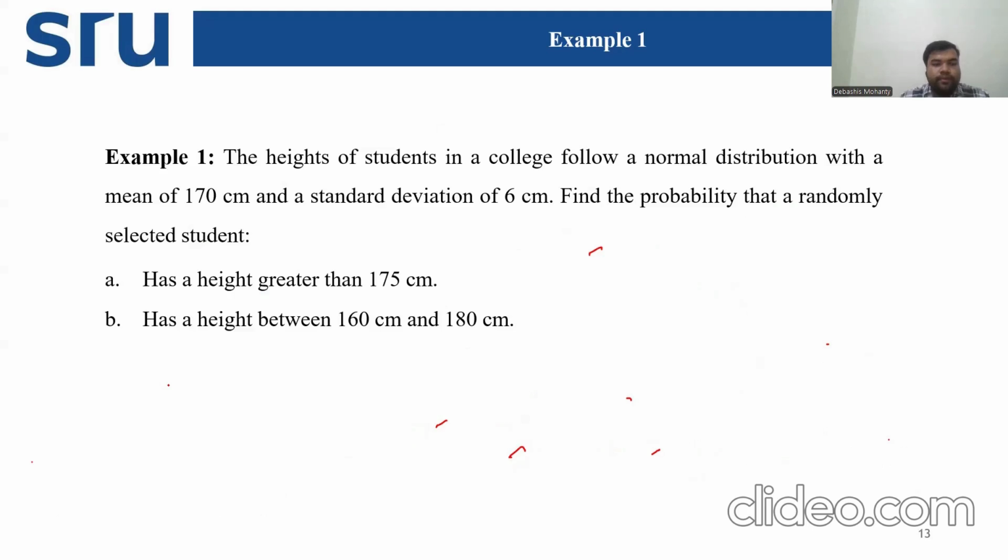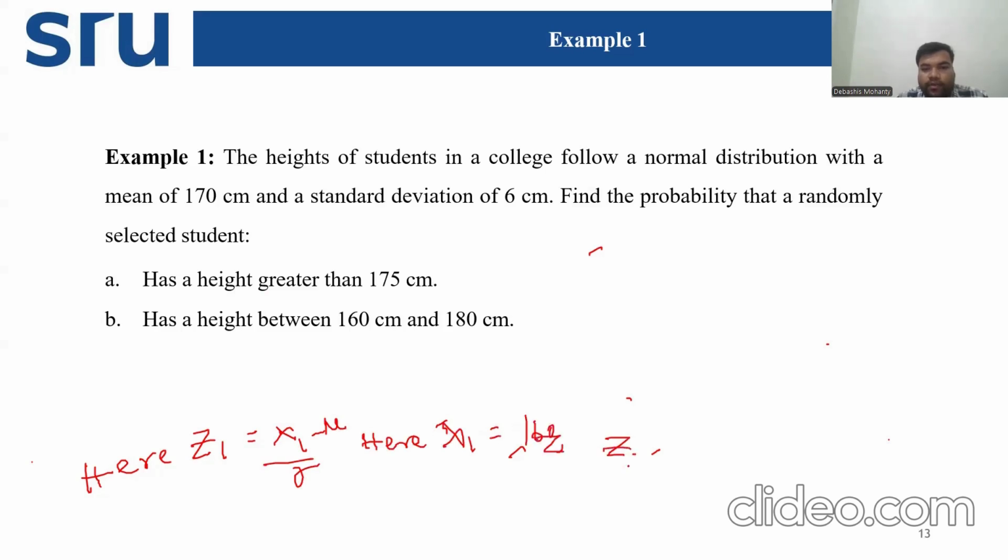Yes. So here Z1 equals x1 minus mu divided by sigma. Here the x1 value equals 160. Similarly Z2 equals x2 minus mu divided by sigma.